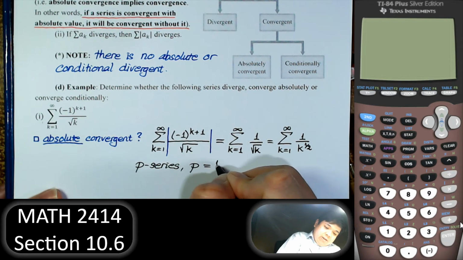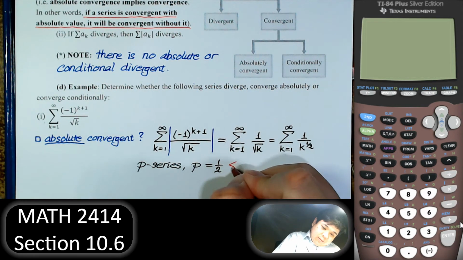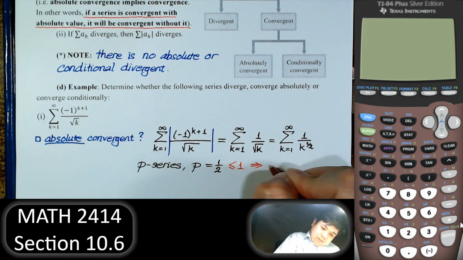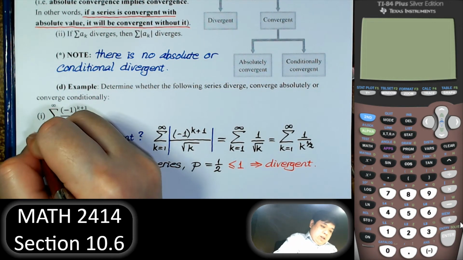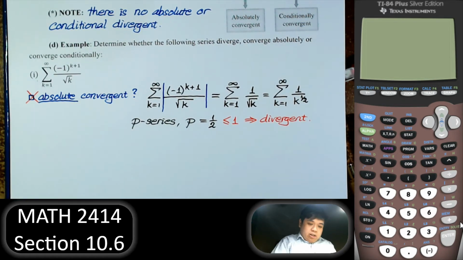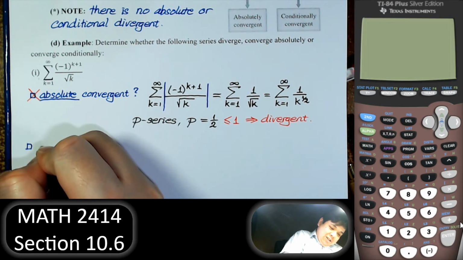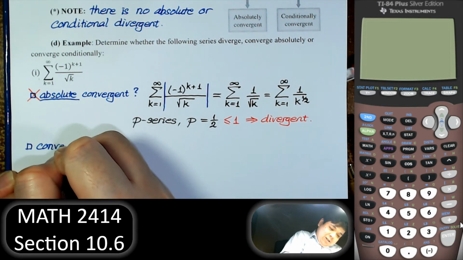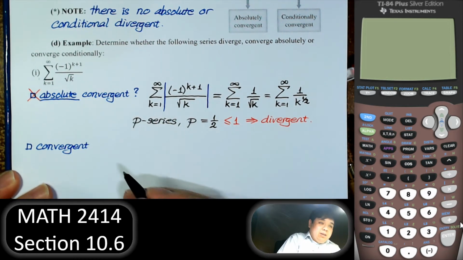In the P series, if P is greater than 1, it is convergent, and less than or equal to 1, it is divergent. So this one is divergent, so the answer for this is no. It is not absolutely convergent. How about just convergent? Conditionally.